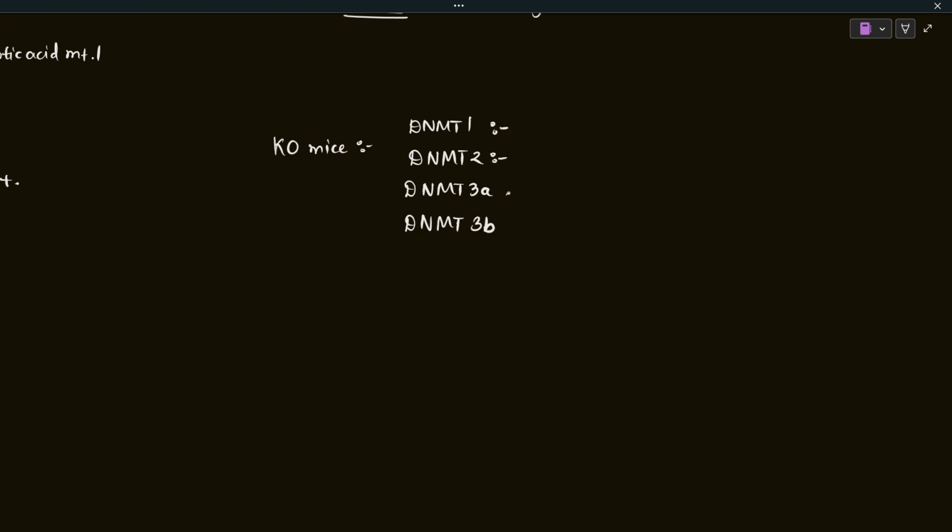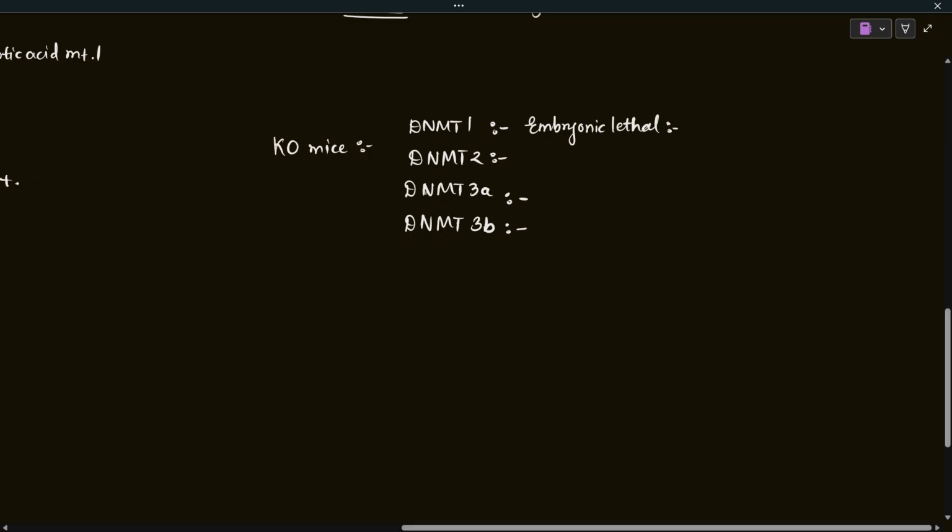They observed those mice and found that DNMT1 knockout mice were embryonic lethal. What happens at the embryonic level is that when the zygote undergoes cleavage, it forms blastomeres.